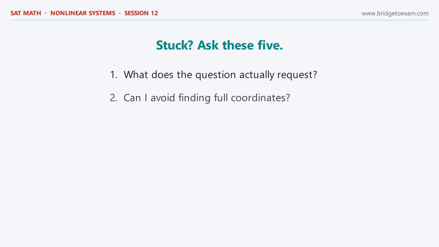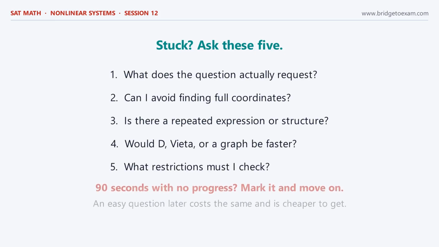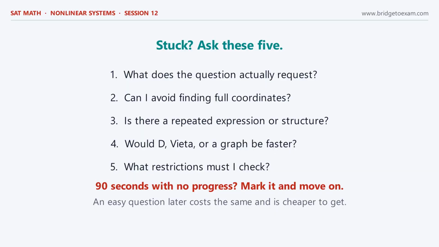During a hard question, when the clock is running and you feel stuck, ask these 5 questions. 1. What does the question actually request? Reread the last line. 2. Can I avoid finding the full coordinates? Often a sum, a product, or a count is all they want. 3. Is there a repeated expression or a factorable structure?